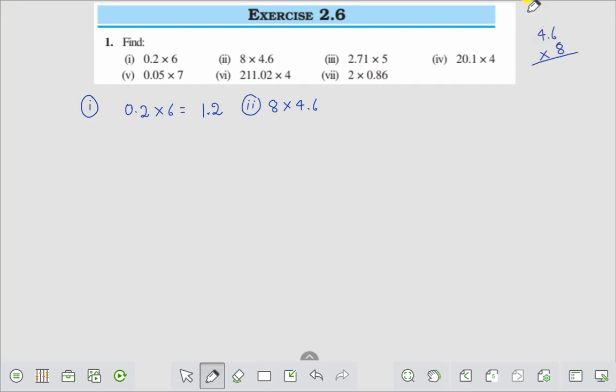That is 8 sixes are 48, carry 4. Then 8 fours are 32, 32 plus 4, that is 36. The point is after one digit, so we have to give the point after one digit, that is 36.8. That will be 36.8.